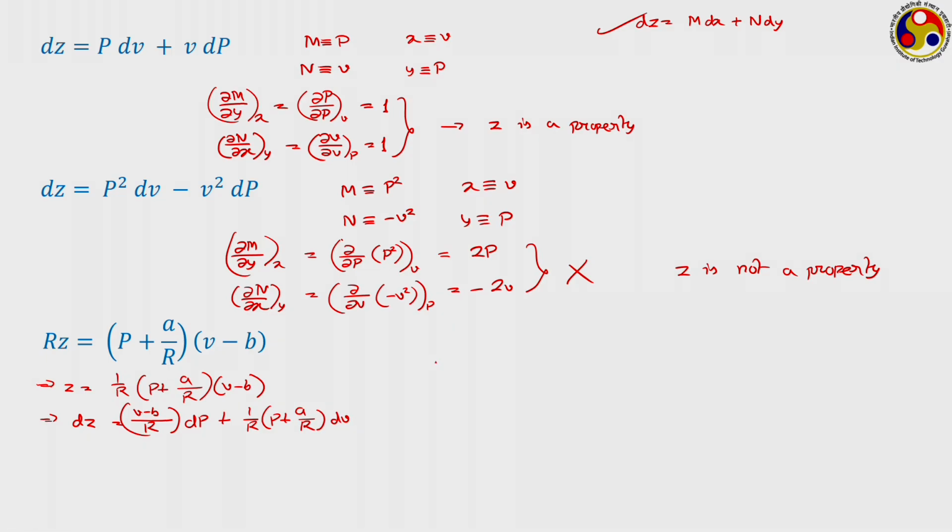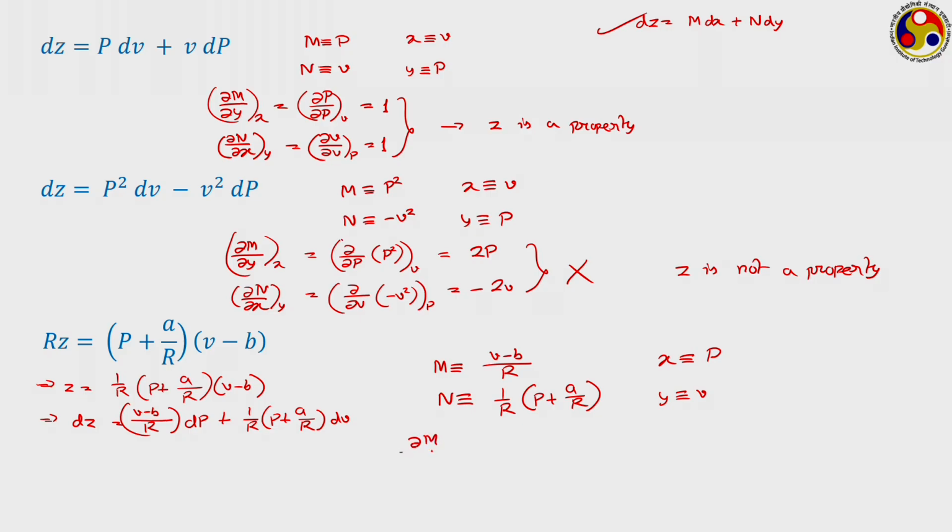If we compare with the exact form now, or the standard form, here M is equivalent to (v minus b)/R, N equivalent to (1/R) into (p plus a/R). Here your x is p and y is equivalent to v.